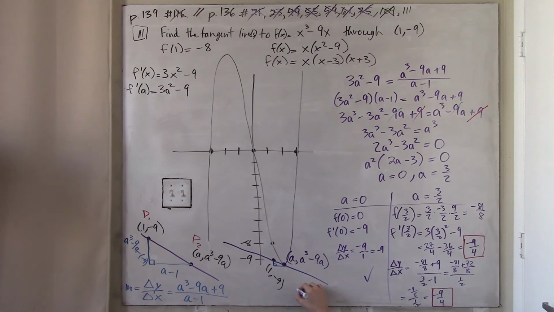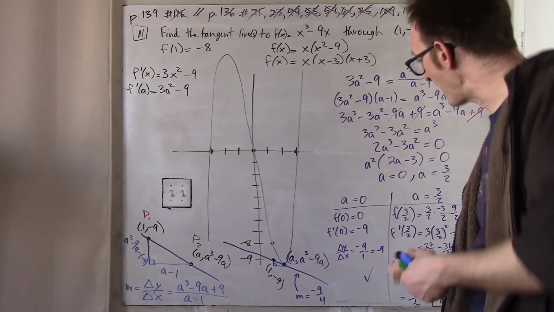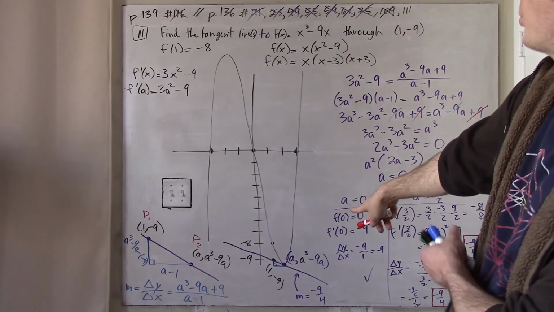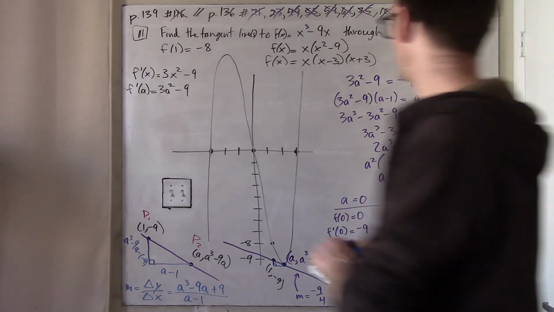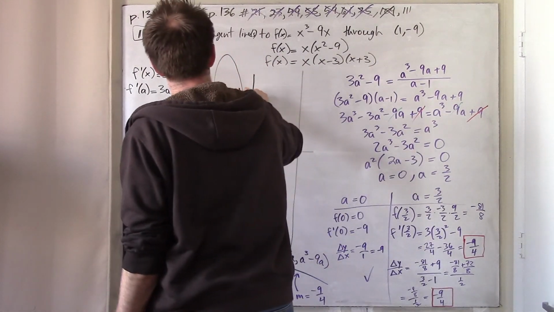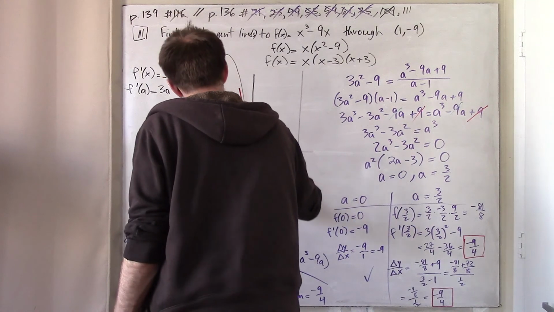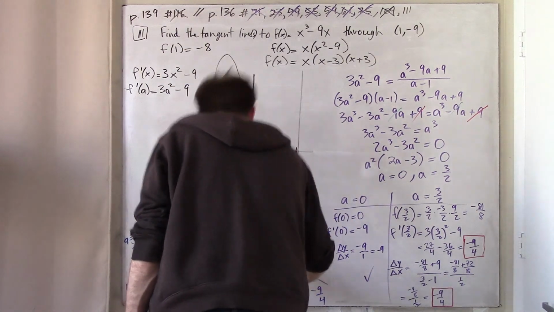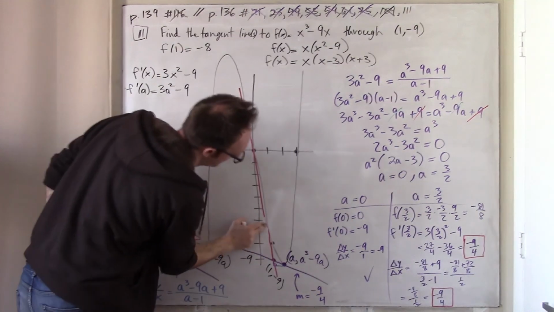So here's what we have. We have this purple line here with slope negative 9/4. Picture's not great, but it's not terrible. And then the other line also goes through the point 1 comma negative 9, but goes through that point and 0, 0. So that is what it's supposed to be doing.